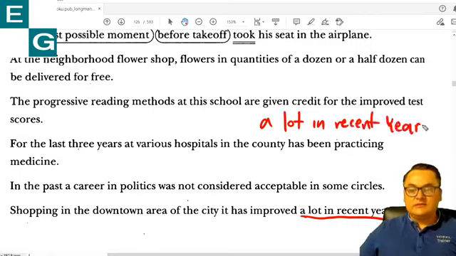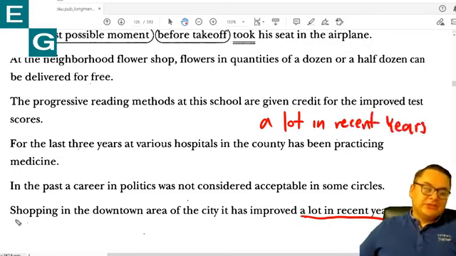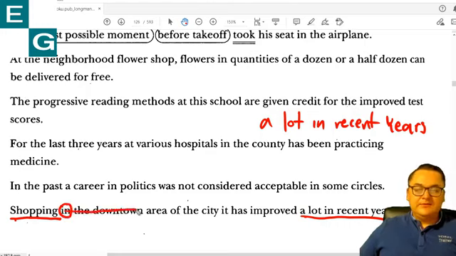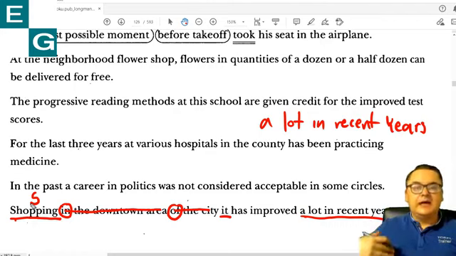So we can continue. Shopping. Shopping is an object, a noun. In this case, it is going to be the subject of my sentence. Then I have a preposition, in the downtown area, and another preposition, of the city. So I have shopping as my subject, and I have the city as another subject.